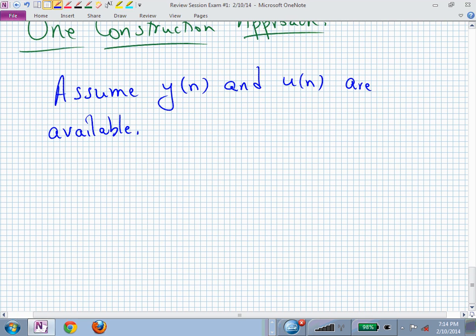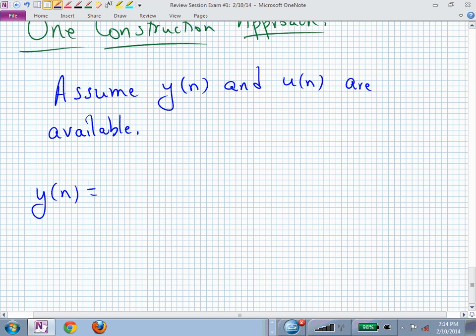Now what I'm going to do is just rewrite y of n in terms of y of n and u of n. And I'm going to describe what I'm trying to do. It's really just going to be a nesting of delays.